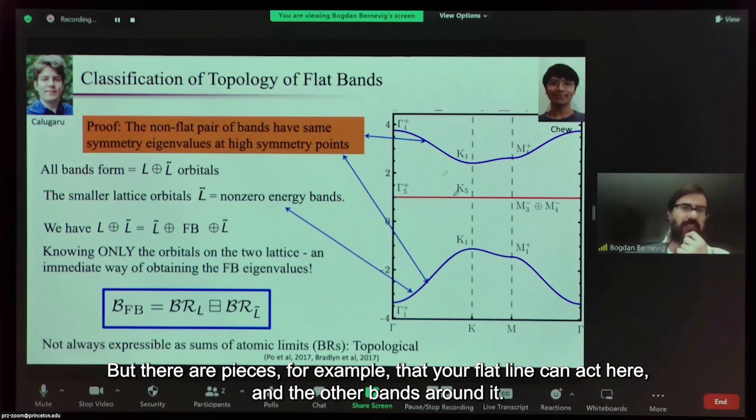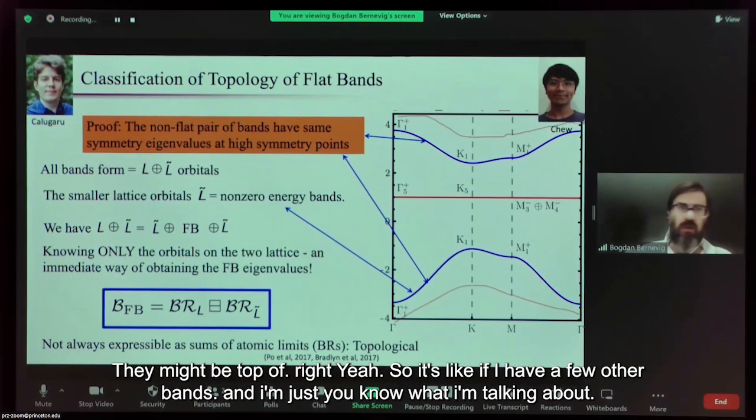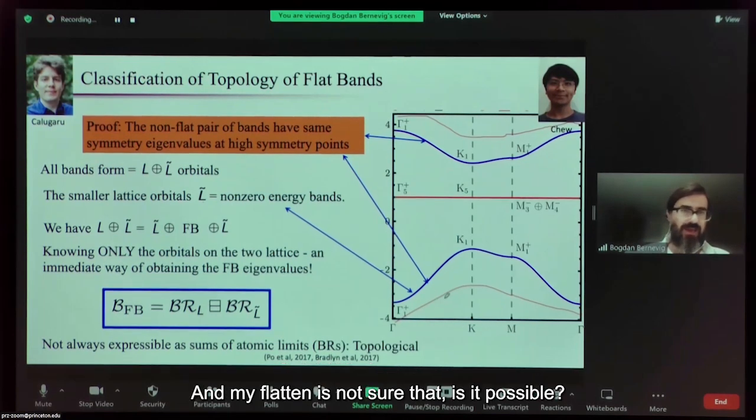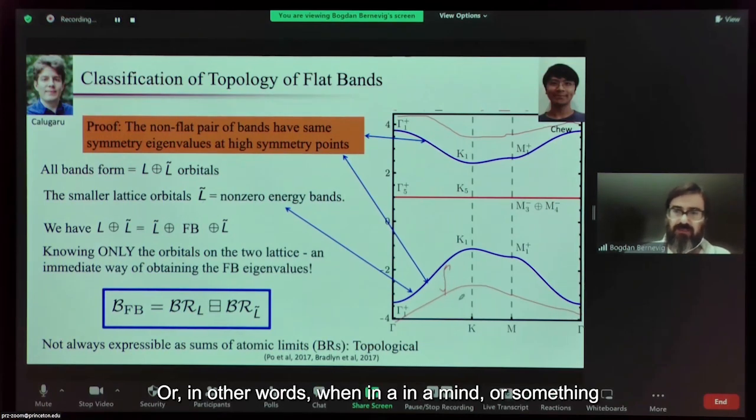Right. Let me see if I understood your question. Let's say I have another set of bands here, and now I make a transition between these bands, like a gap closing, an inversion, and make this a Chern band 1, the Chern band -1.